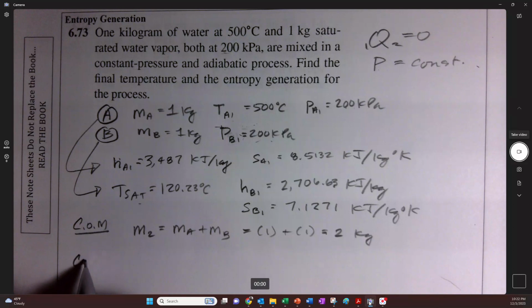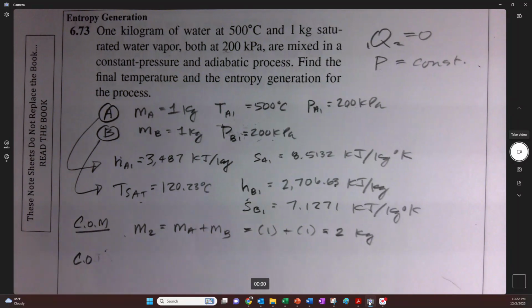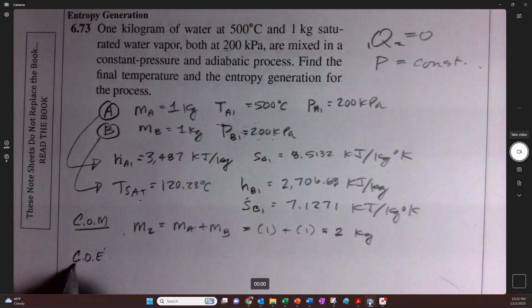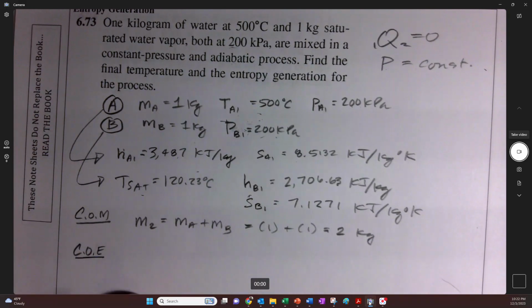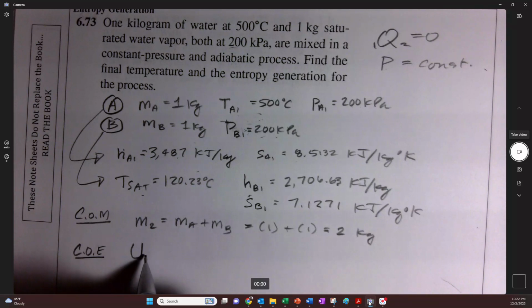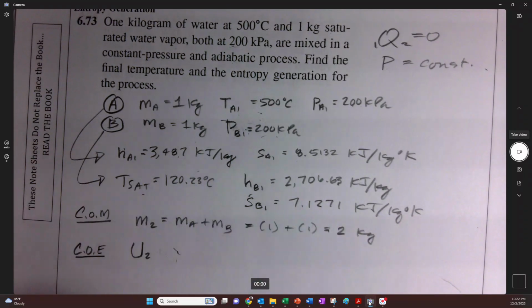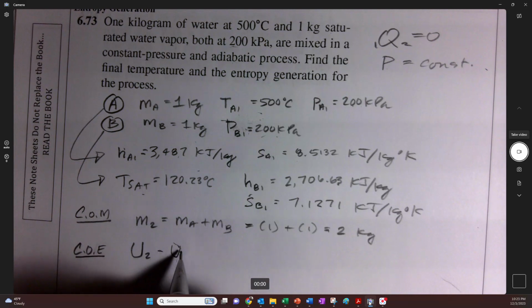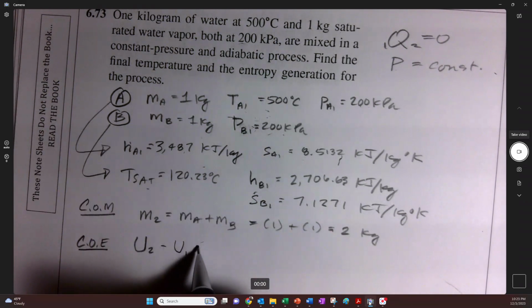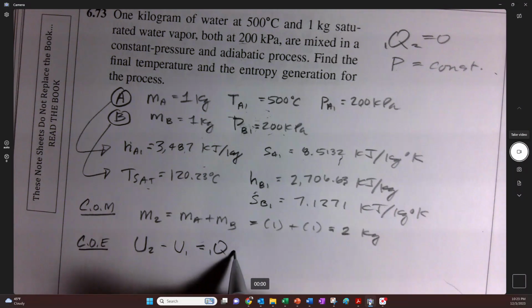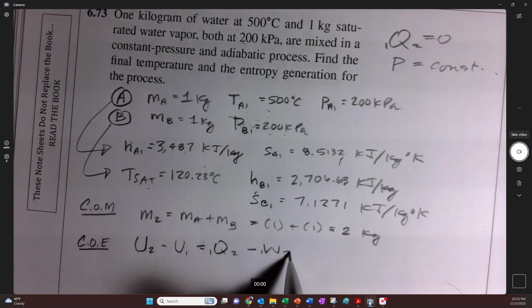We have the conservation of energy. The conservation of energy says that we're going to have U2 minus U1 equal to Q1 to 2 minus work 1 to 2.